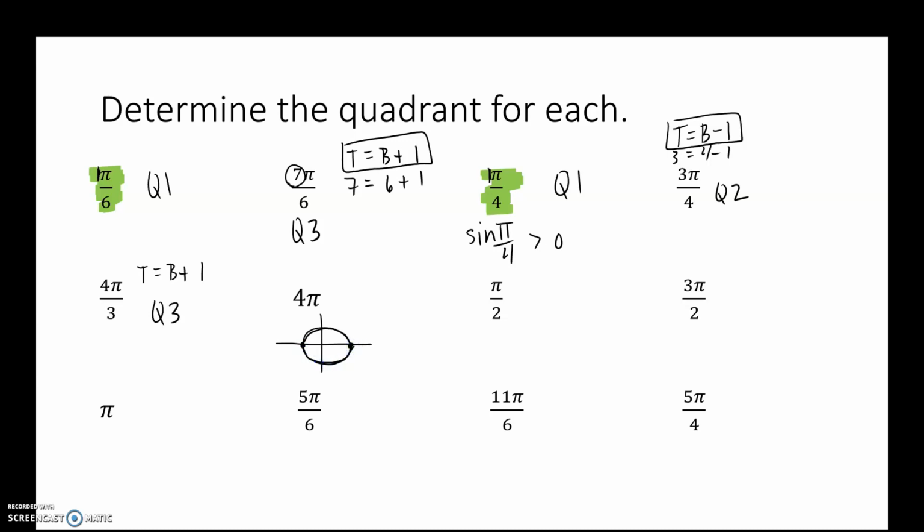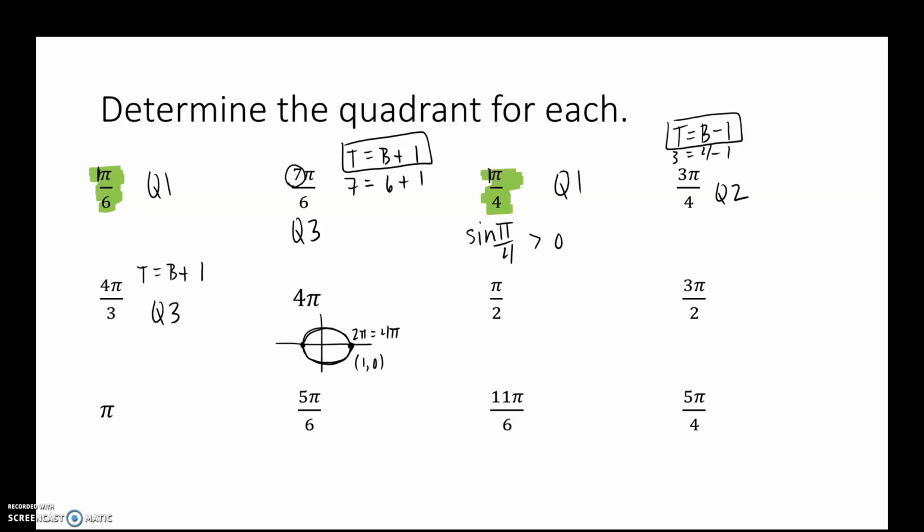So 4 pi is on one of the coordinate axes. The coordinate axes have specific values. So at this point, 2 pi and 4 pi are at the same spot. Well, depending on what the question asks, whether the cosine or sine, this is either going to be a positive or a 0.